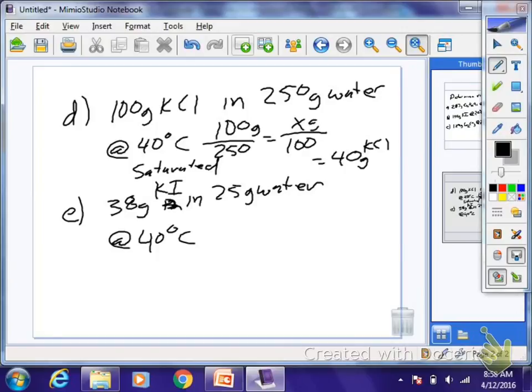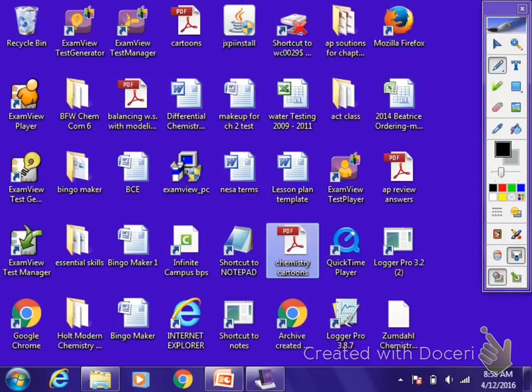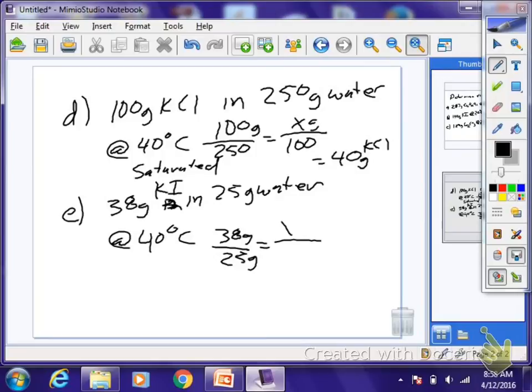We want to know if that solution is saturated, unsaturated, or supersaturated. So you would say 38 grams over 25 equals X over 100. Okay? X over 100. How'd you get the 25 again? It's right here, 25 grams of water.